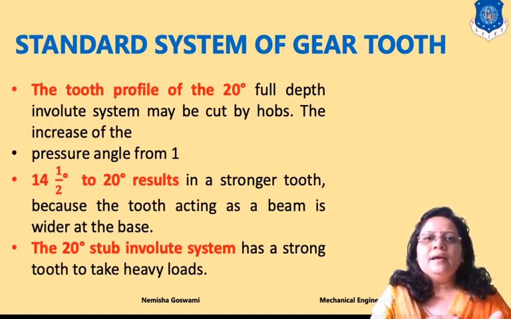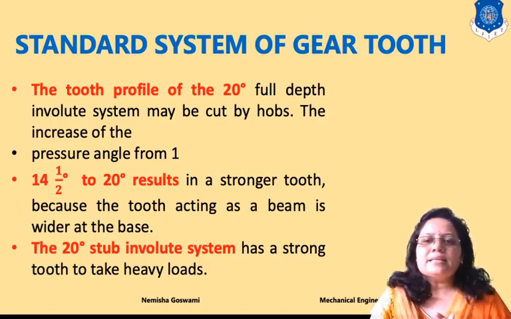They are stronger as compared to 14 and a half degree pressure angle. So gears having a 20 degree pressure angle are stronger as compared to those having a 14 and a half degree pressure angle.